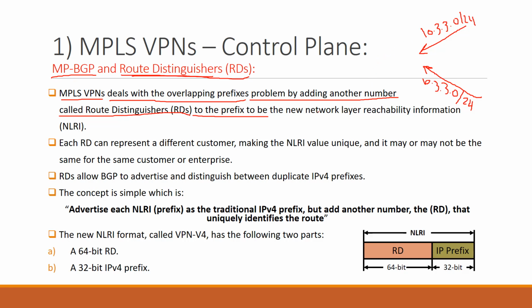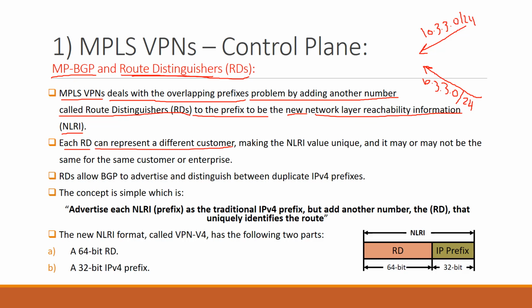And this new form will be called the new network layer reachability information, or NLRI. Actually, each route distinguisher can represent a different customer, or maybe the same customer's sites use the same or different route distinguishers.